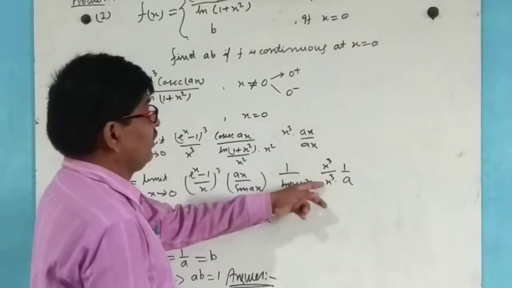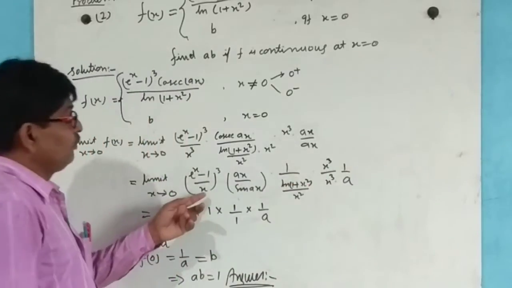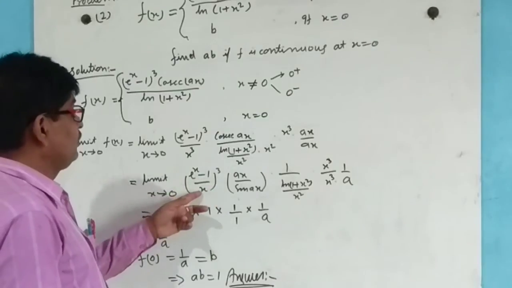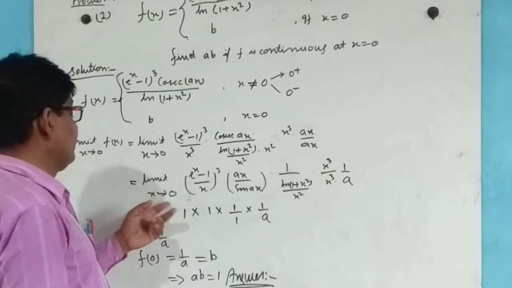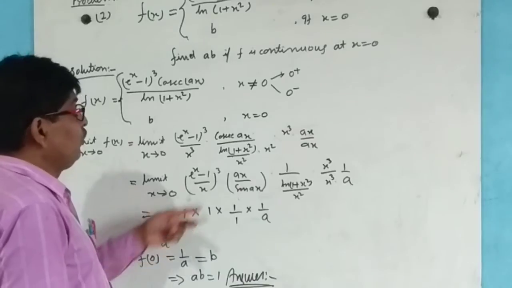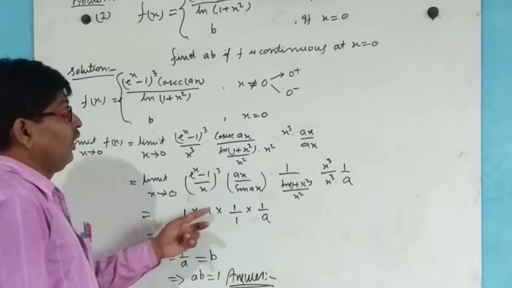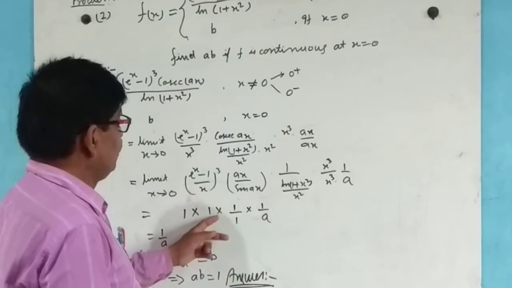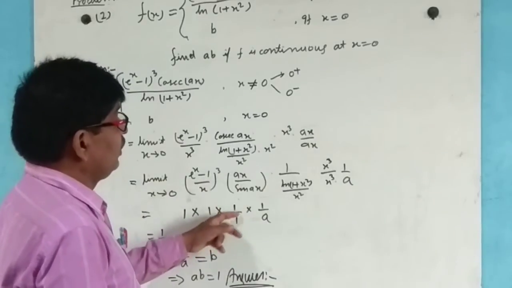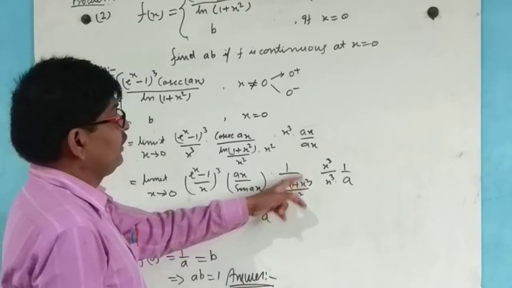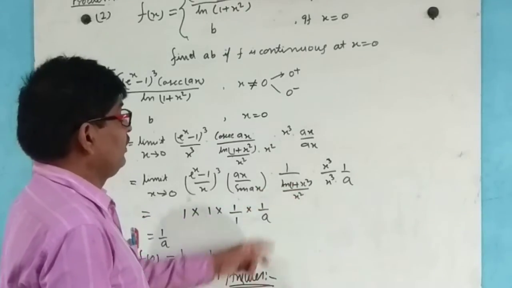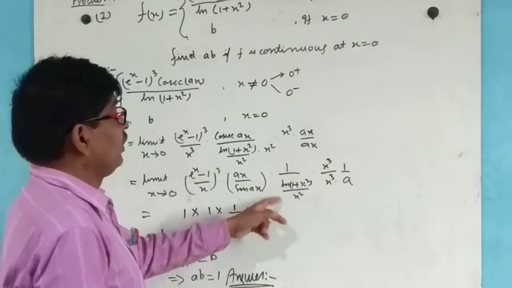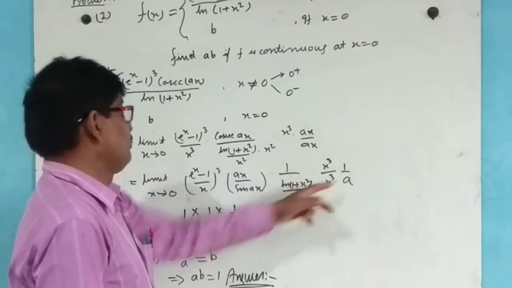Now the value of (e^x − 1)/x as x tends to 0 is 1, 1 to the power 3 equals 1, and ax by sin ax as x tends to 0 is also 1, and ln(1 + x²)/x² is equal to 1 here, so this equals 1 by a.